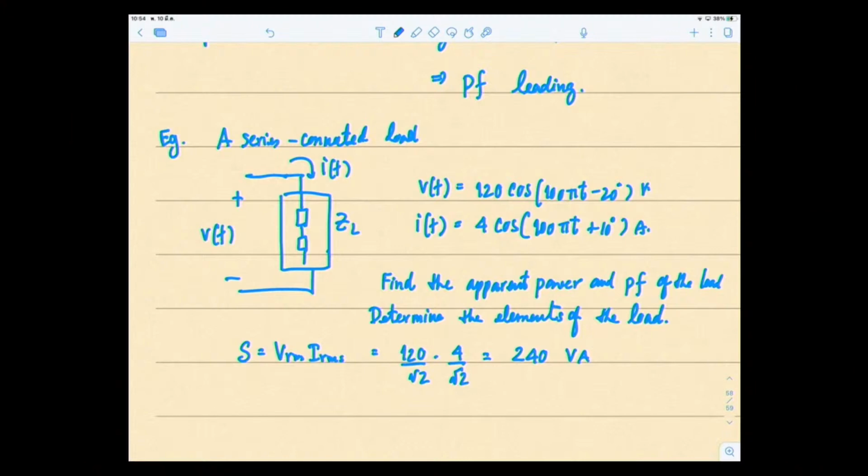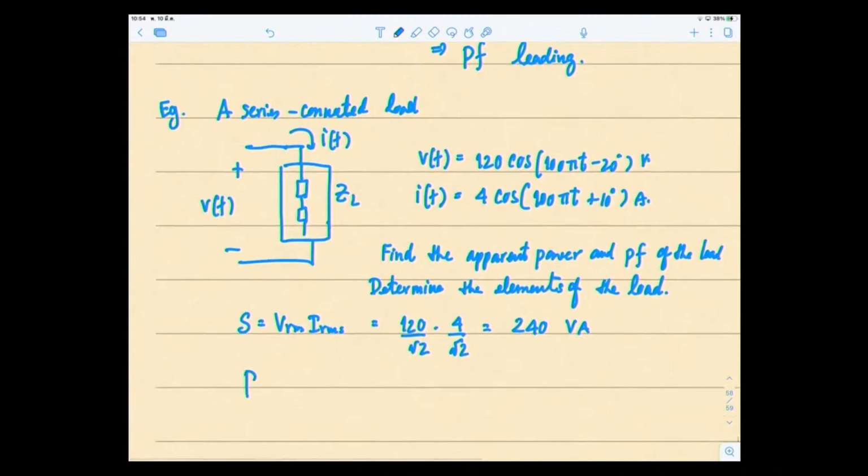Next one, power factor of the load. The formula is PF equal to cos of theta V minus theta I. So equal to cos of theta V, which is minus 20, minus theta I, which is plus 10.